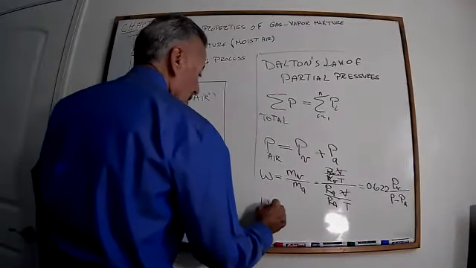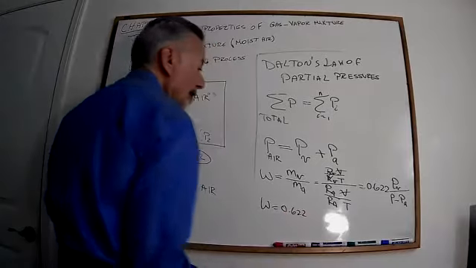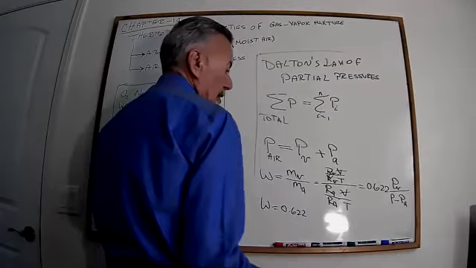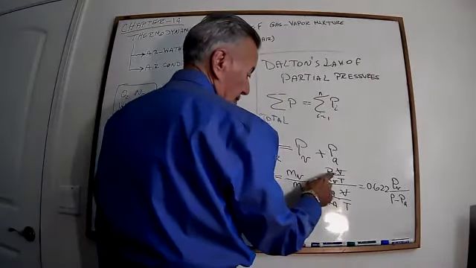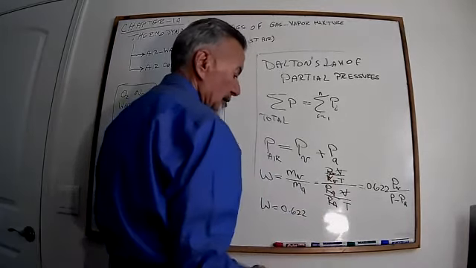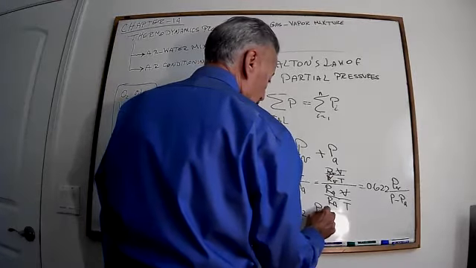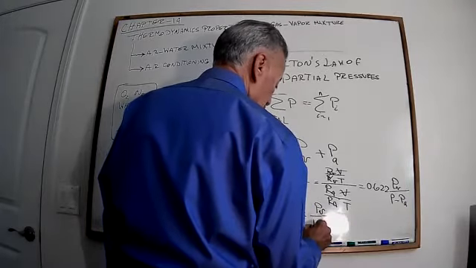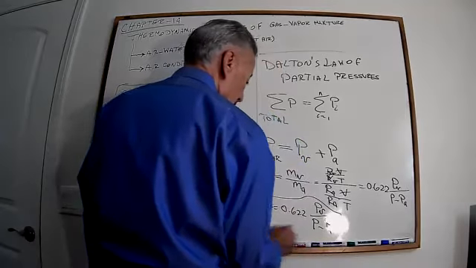So omega as an equation would be 0.622, which is the universal constant of vapor divided by the universal constant of dry air, times the partial pressure of vapor divided by total pressure minus the partial pressure of dry air.